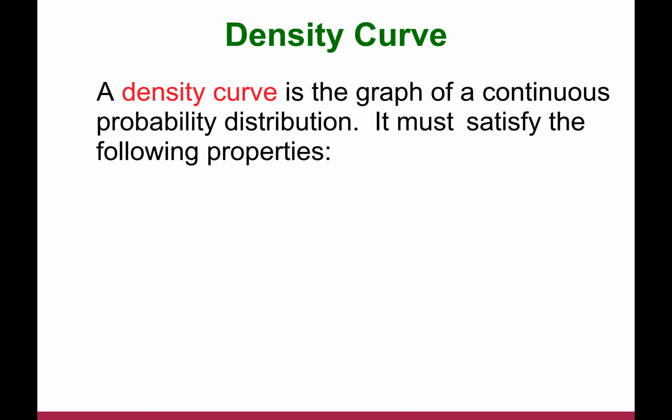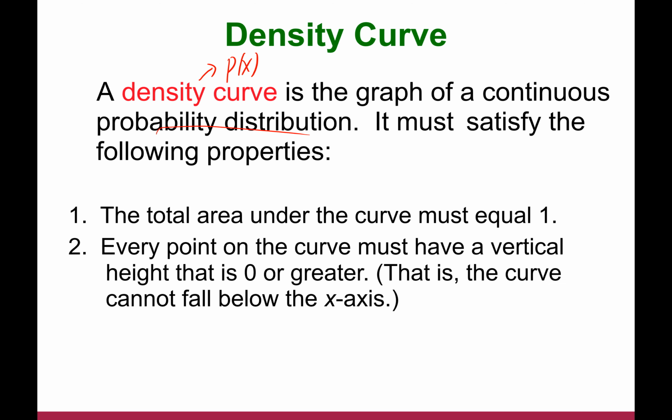Density curve is the same thing as probability at any given point from A to B. So when graphing a continuous probability distribution, the total area under the curve must equal 1. Every point on the curve must have the same vertical height.